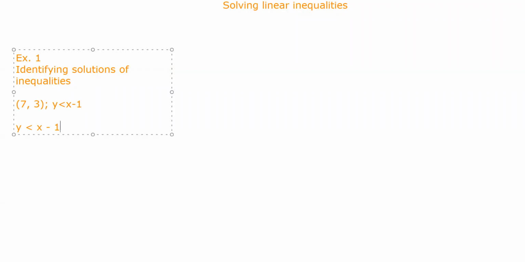We are going to replace the values for x and for y. So I replace the value for 7 and for 3. What is the value for y? 3, right? So I replace 3 is less than the value for x. The value for x is 7. Remember that the value for x is the first value that I have.